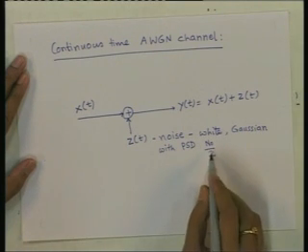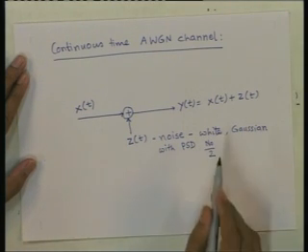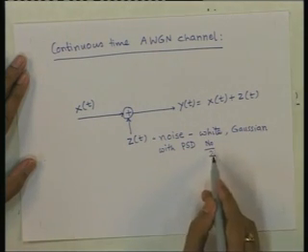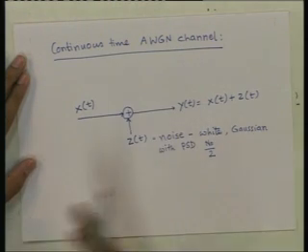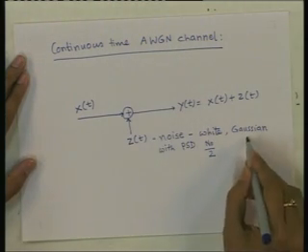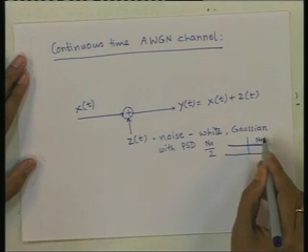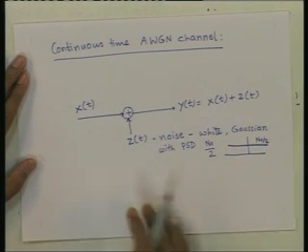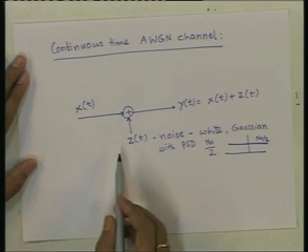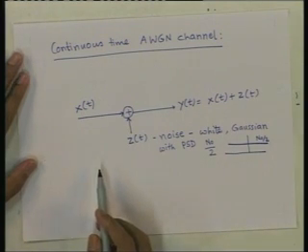Usually N0 is the one sided power spectral density, and N0 by 2 is the two sided power spectral density. So, the power spectral density of this noise is flat at N0 by 2. Okay. So, this is the continuous time AWGN channel.